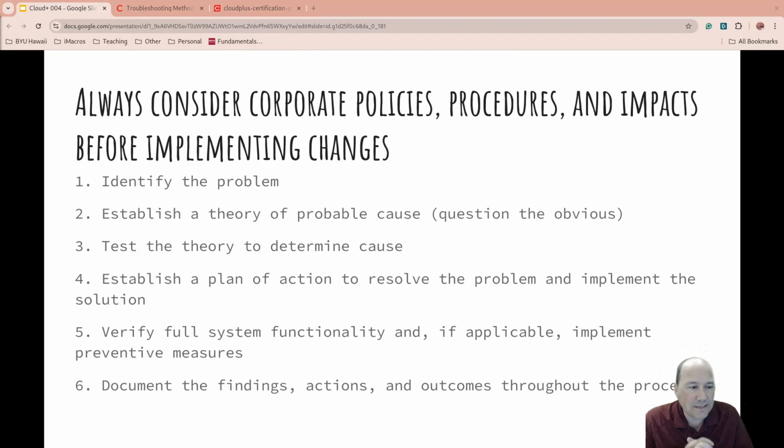So always consider corporate policies, procedures, and impacts before implementing any changes. So you need to identify the problem. So oftentimes with that, you're questioning the user, the changes, and the computer before making the changes. You are inquiring regarding the environment or the infrastructure changes as well. You establish a theory of probable cause. You question the obvious.